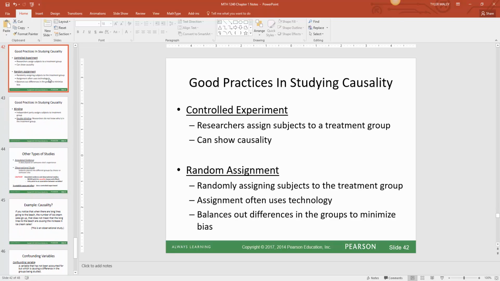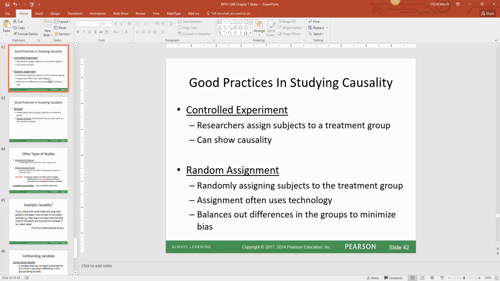So then the next slide is good practices in studying causality. So we can have a controlled experiment, which is where the researchers assign subjects to a treatment group, right? This can show causality. And then also a random assignment is where we randomly pick subjects to be in the treatment group, right?